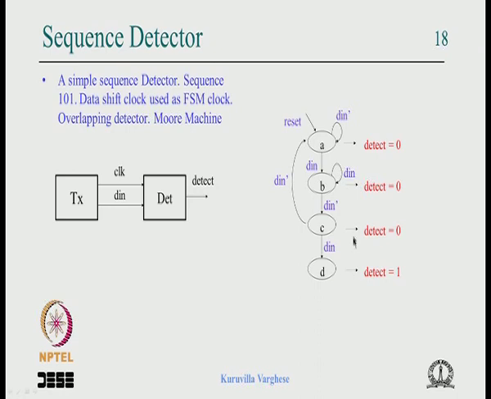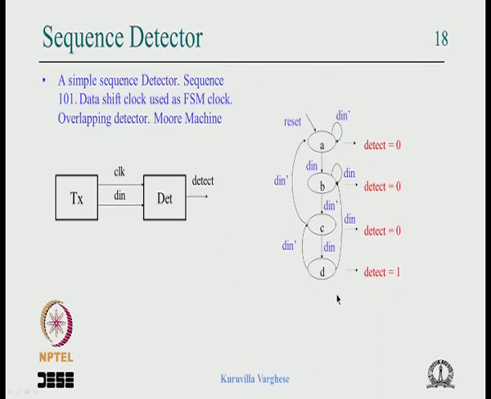If it is still 1, it could be the start of a new sequence, so you go back to state B. So that is the state diagram.